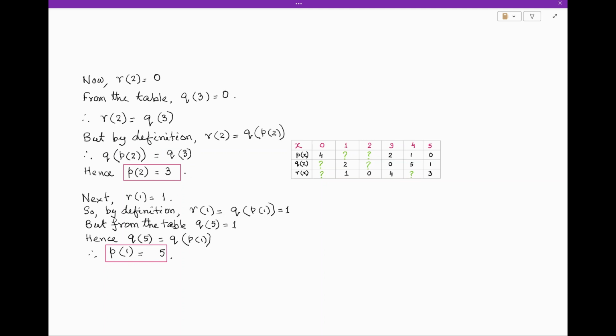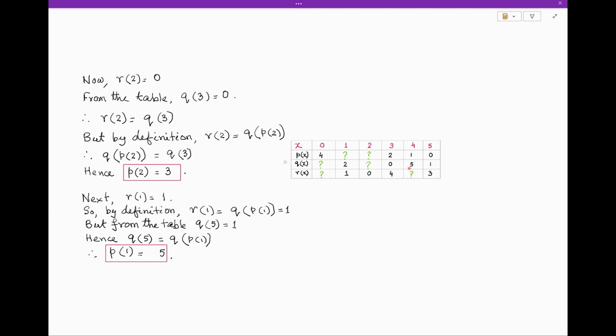Next, from the table, R(1) is equal to 1. By definition, R(1) is equal to Q(P(1)), and that is equal to 1. But from the table, Q(5) is equal to 1.